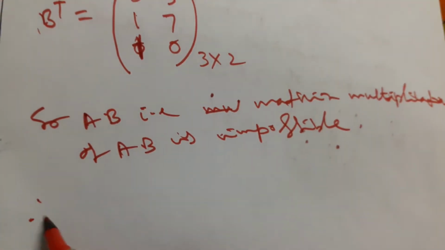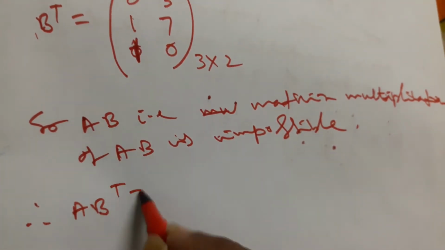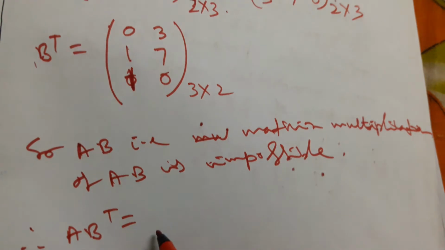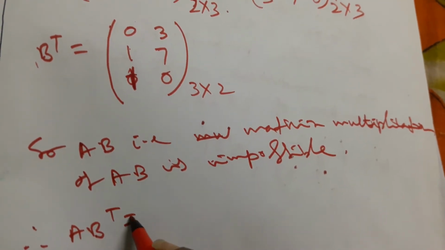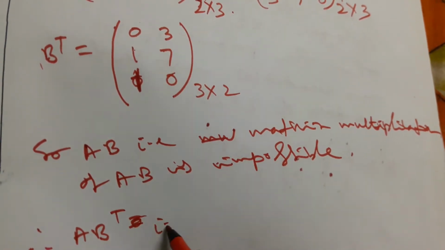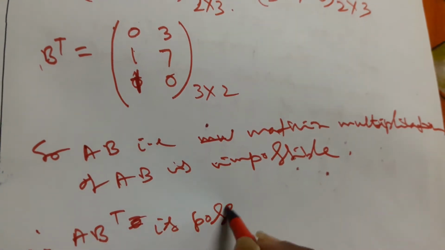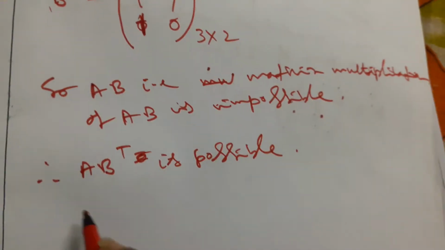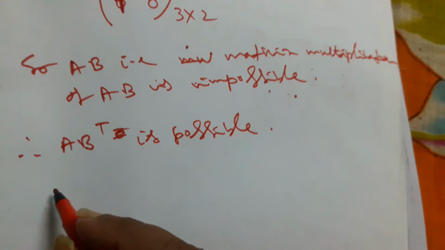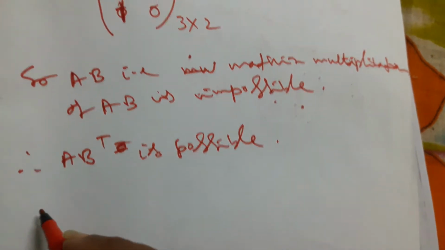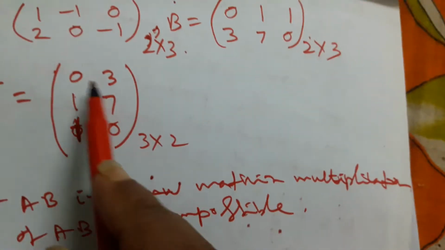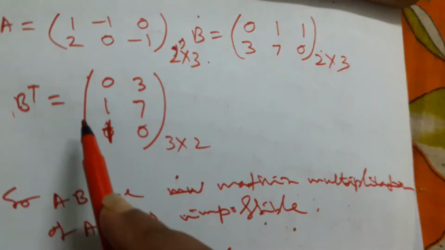Therefore A times B transpose is possible. This is the multiplication of A and B transpose. Transpose is a concept where rows change into columns.